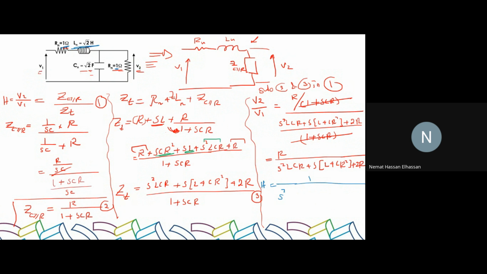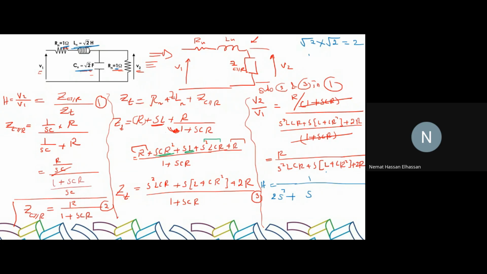And C is square root 2, so square root 2 times square root 2 is equal to 2, right? So 2S squared plus S times L is what?